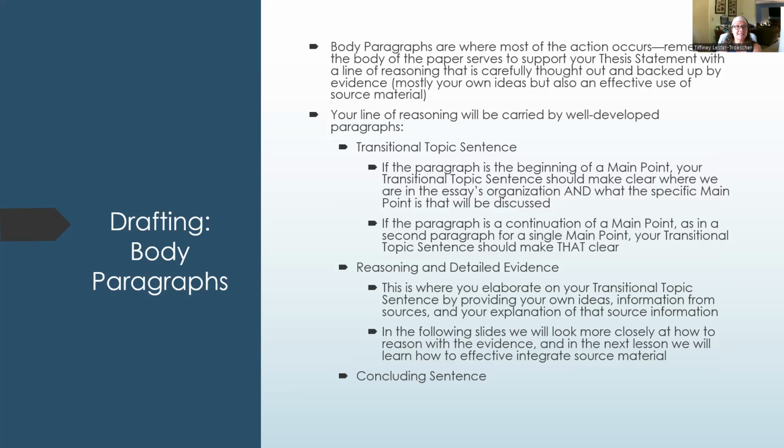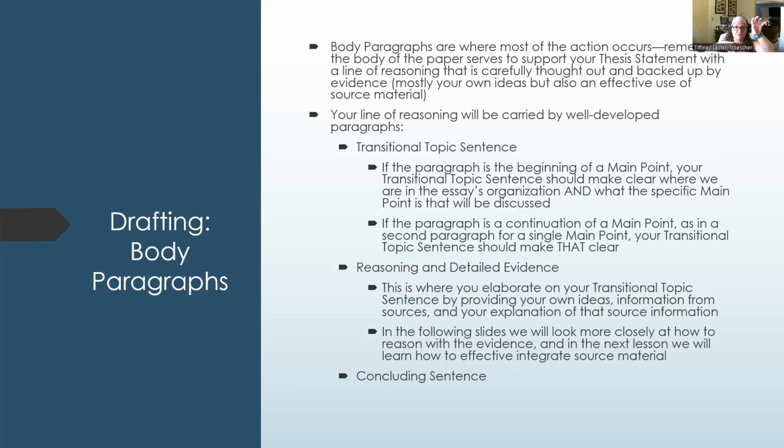If the paragraph is a continuation of a main point, remember I said most of your main points should be dealing with complex ideas that require more than one paragraph to fully develop them. So you start main point 1 here, and your transitional topic sentence makes it clear that we are beginning to discuss your first main point, and that main point is this.